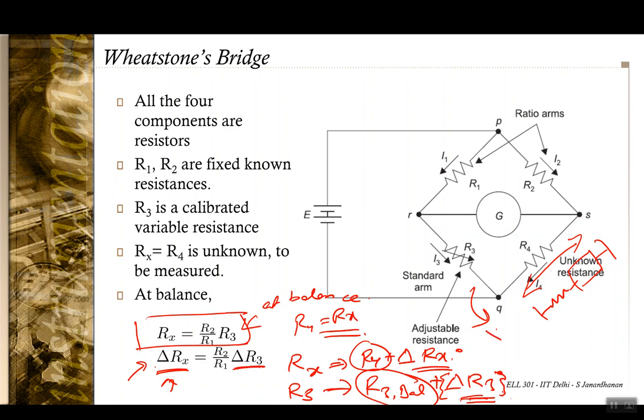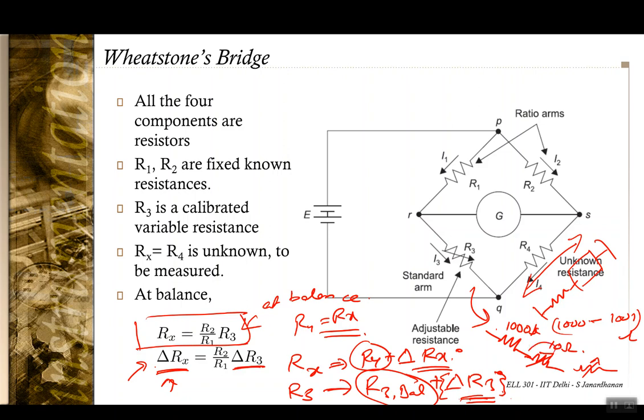So for example, if you have a 1 kilo ohm resistance in series with a 10 ohm variable resistance, we are able to precisely measure from 1000 to 1010 ohms.